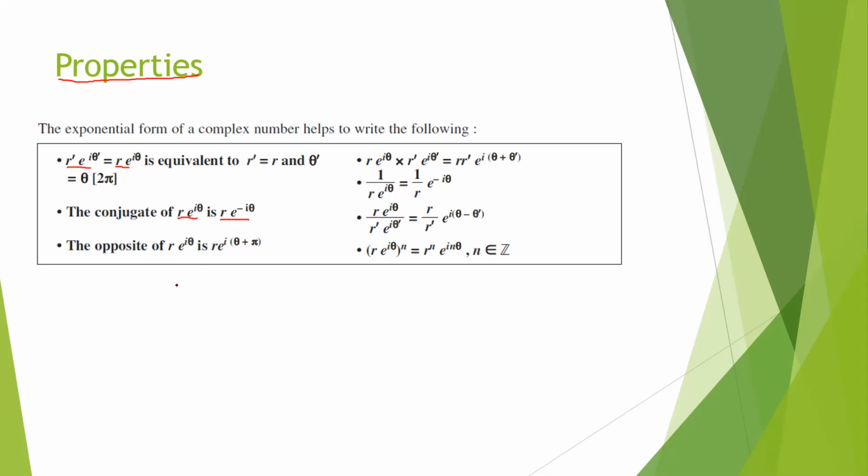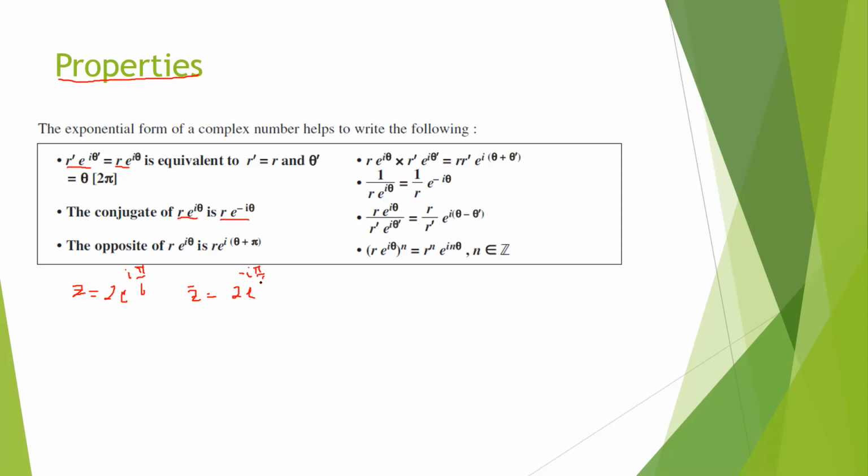For example, if z equals e^(I pi over 6), what is z bar? Z bar equals 2 e to the power minus I pi over 6.